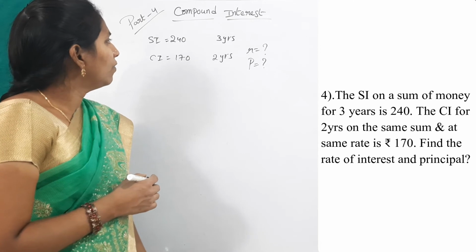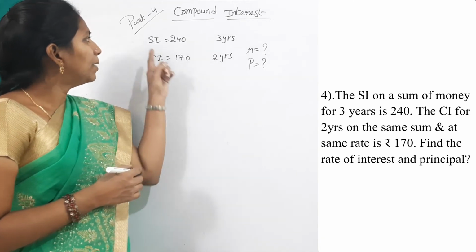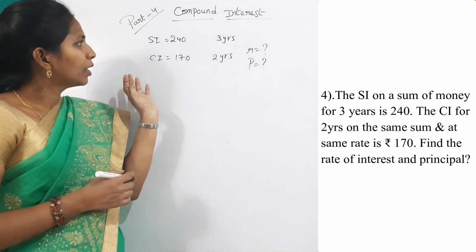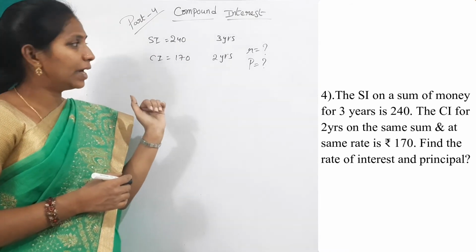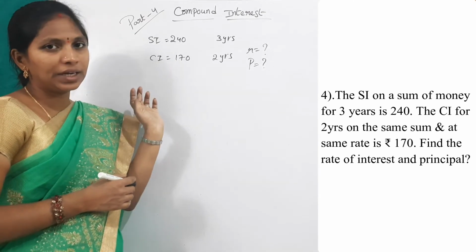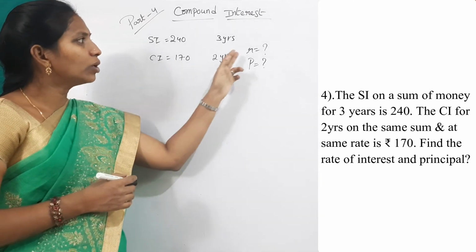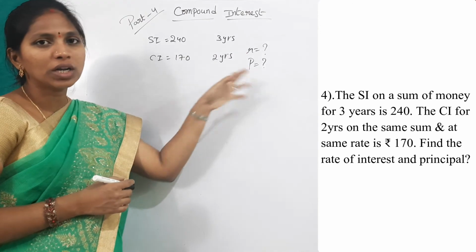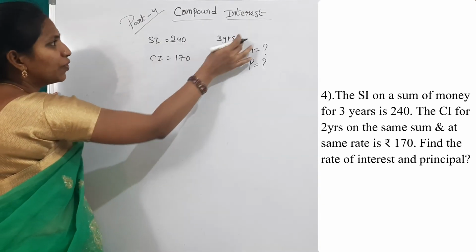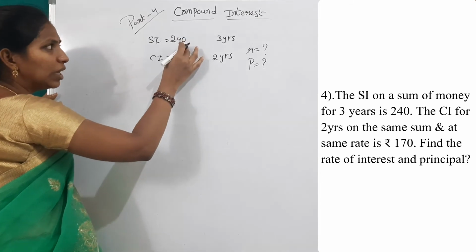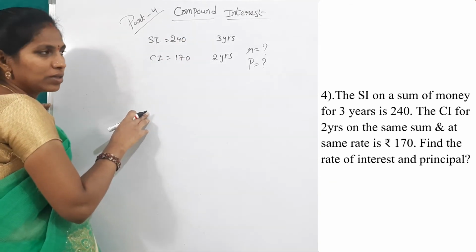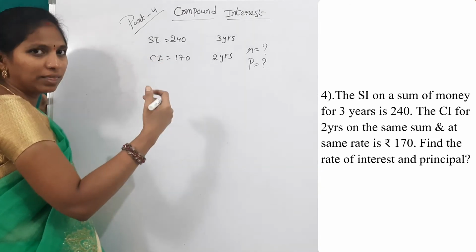See, given information is simple interest for 3 years is 240 rupees. We don't know rate of interest. Compound interest for 2 years is 170. Then finally find out what is the rate of interest and what is the principal. Simple interest for 3 years is 240 means each year 80 rupees, because 240 by 3.